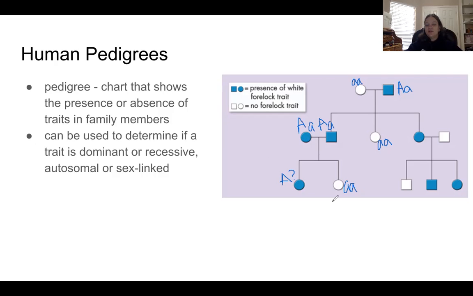That's how you would fill in a pedigree. It's a logic puzzle. You start at the top and figure out what people probably carry. Because they managed to have a child without the trait, who would have the recessive condition, they each have to carry an allele for the recessive. Okay, so that's how you do human pedigrees. That's how you work those out.